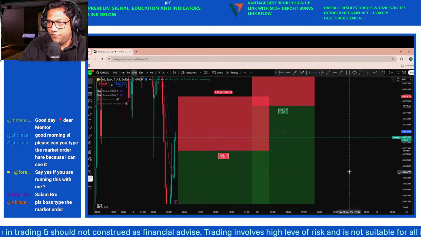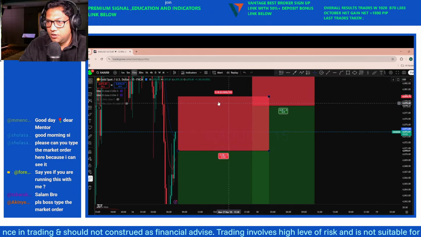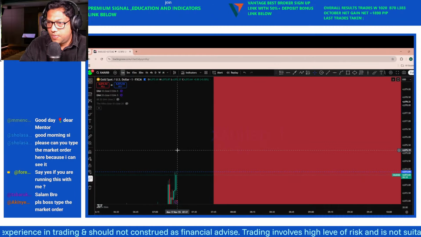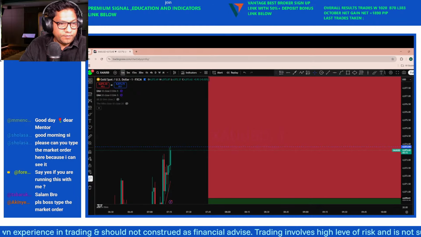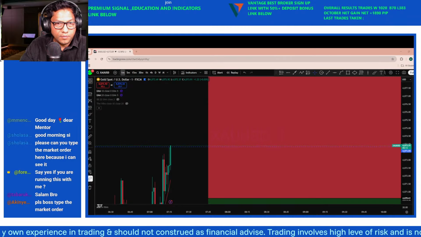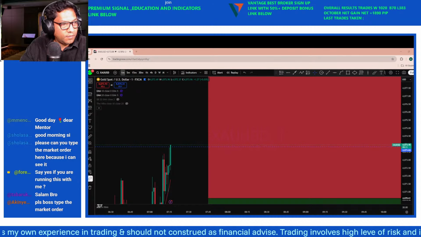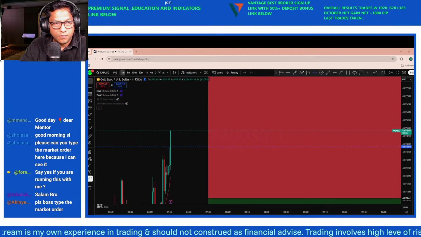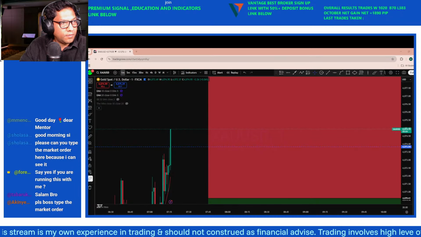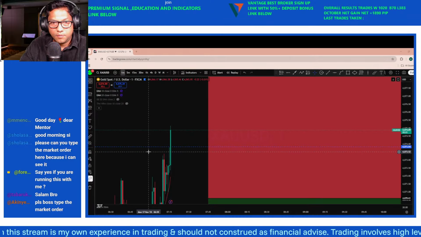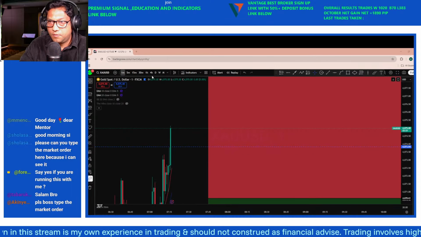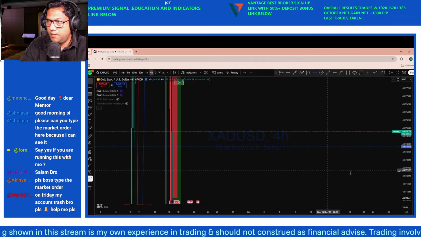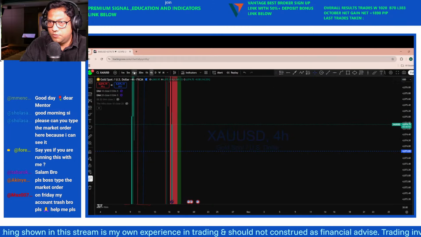So if you look at the 15 minutes, we can see that there is a doji, and very unusually broken above here.